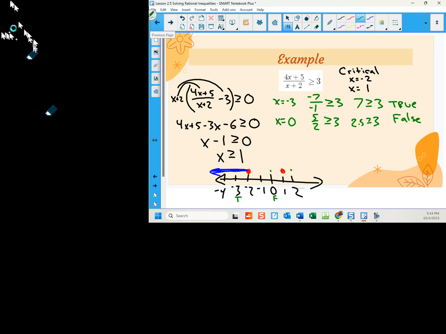Now I want to check x equals 2. x equals 2 is 8 plus 5, which is 13. 2 plus 2 is 4.